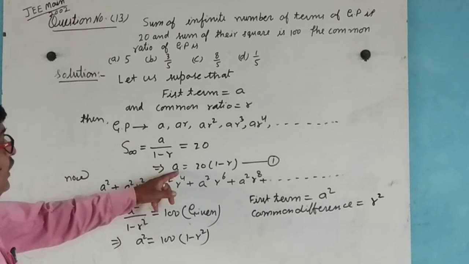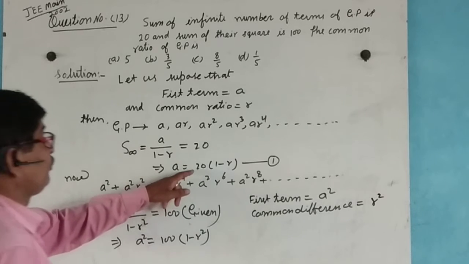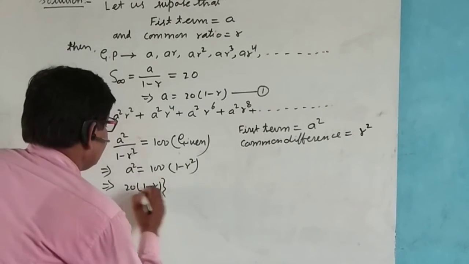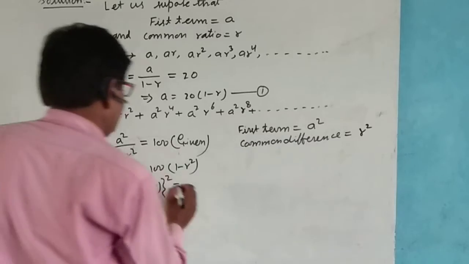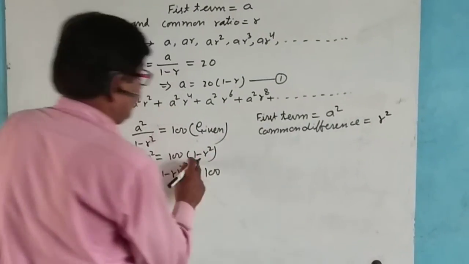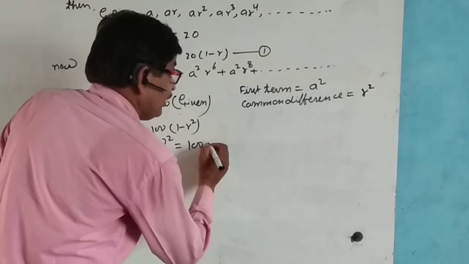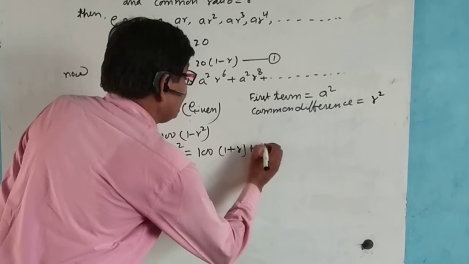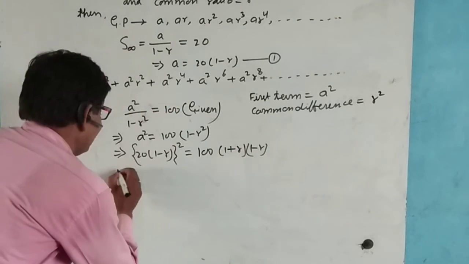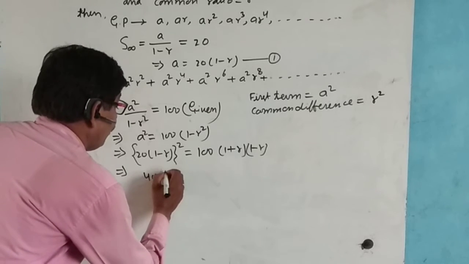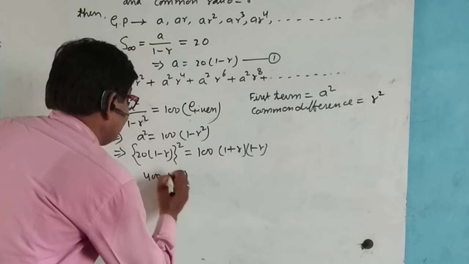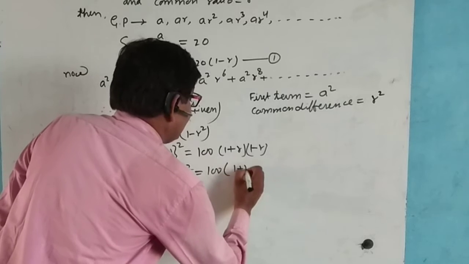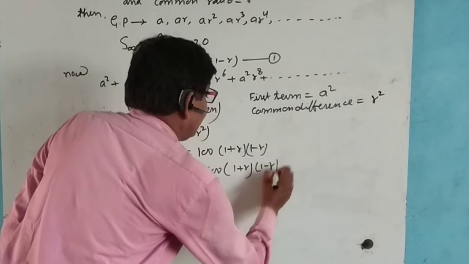Putting the value of A from relation first, 20 times (1 minus R) whole square equals 100 times (1 minus R square). Using a square minus b square equals (a minus b)(a plus b), 1 minus R square is (1 plus R)(1 minus R).